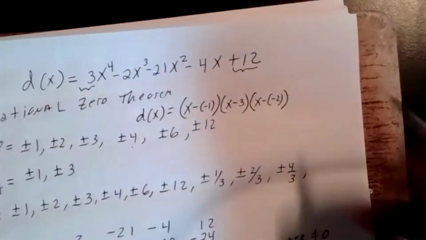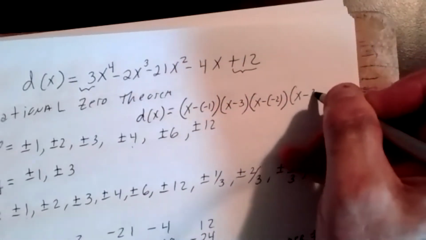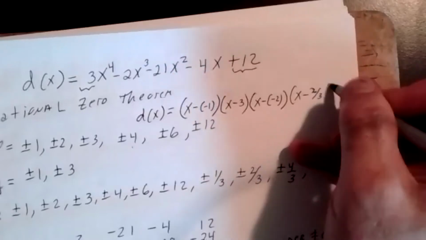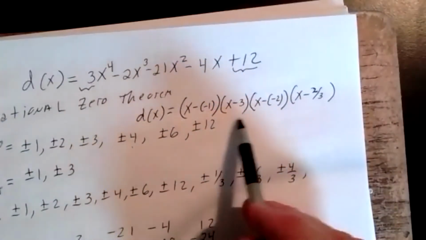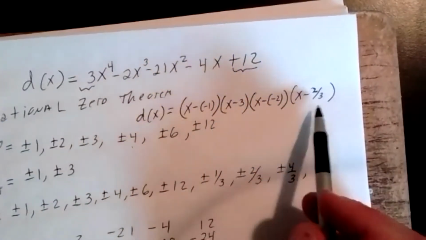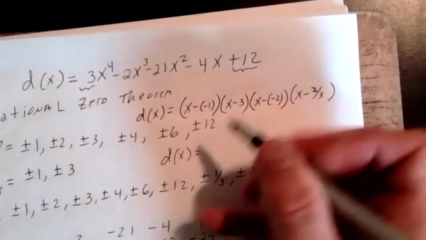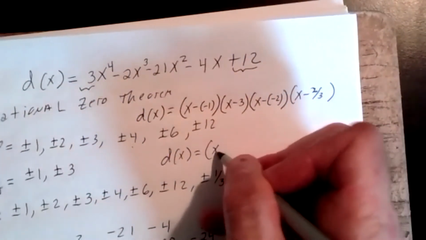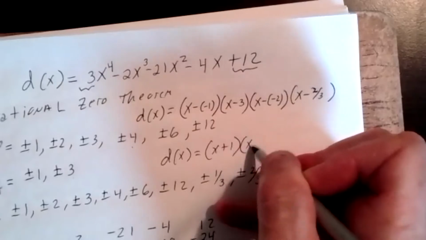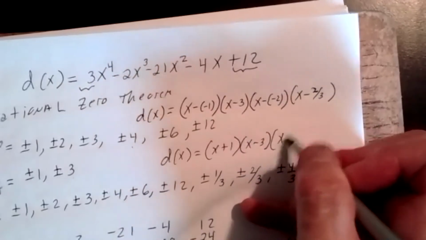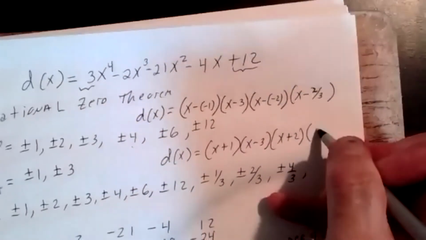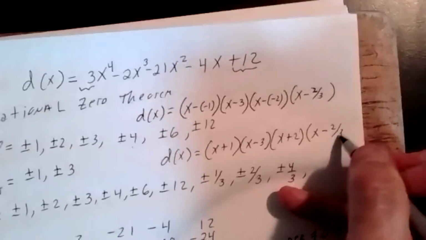If 2/3 is a 0, then x minus 2/3 must be a linear factor. Do you agree? We completely factor that fourth degree polynomial all the way down in linear factors. So this would be the complete simplified factorization of d of x. It would be x plus 1 times x minus 3 times x plus 2 times x minus 2/3.